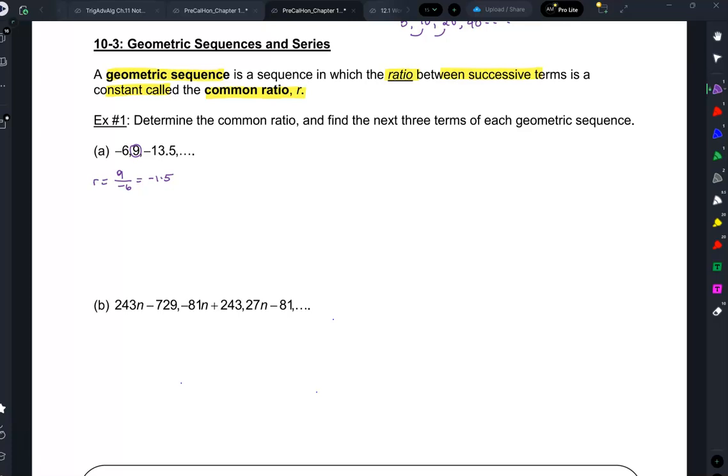So the next three terms: negative 13.5 times negative 1.5 is 20.25, and then 20.25 times negative 1.5 is negative 30.375, and then the last one, you do the same thing, 45.563. So those are the next three terms.